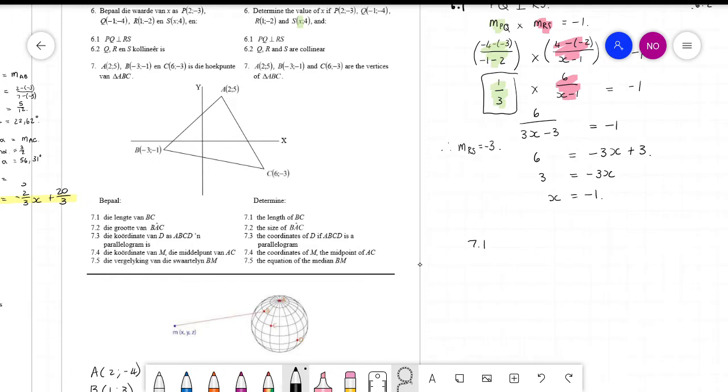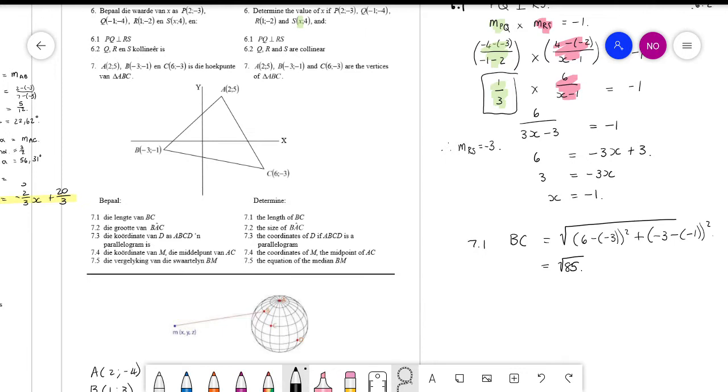Okay. Kry julle vierkantswortel 85? Yes?